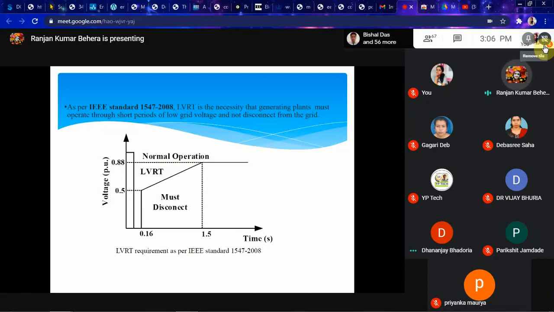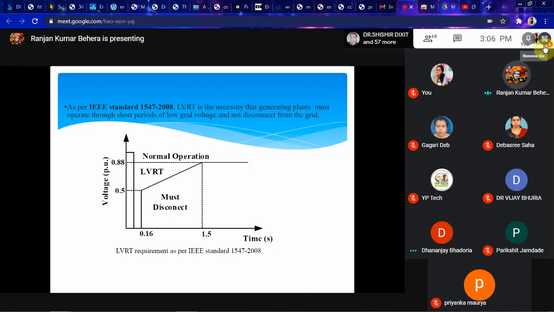So LVRT, low voltage ride through, is also a great challenge in the case of a solar plant, because solar doesn't have stored energy unless it is associated with a battery. If you see today in the grid code of India and the world, people want that our plant should never be disconnected from the grid.